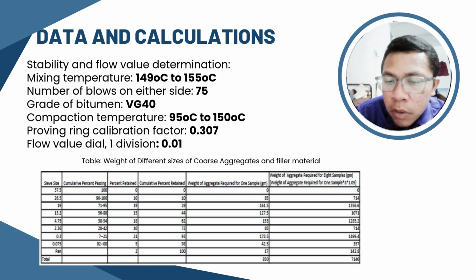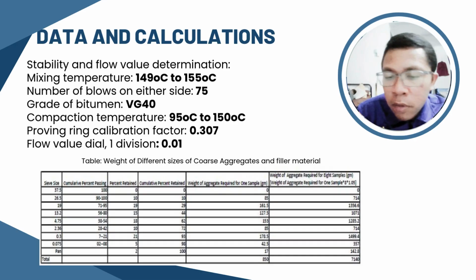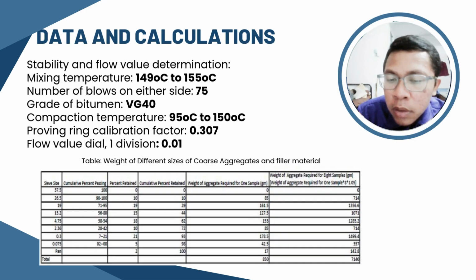This information regarding the test condition and aggregate compositions is essential for subsequent calculations and analysis to determine the Marshall stability and flow values of the asphalt mixture at various bitumen contents, ultimately aiding in the determination of the optimum binder content for pavement application.